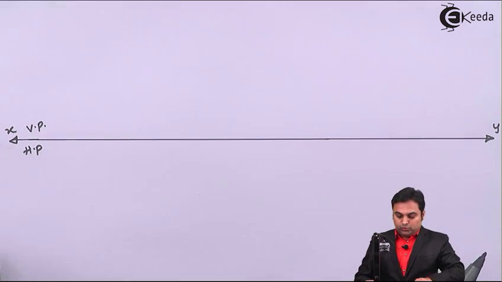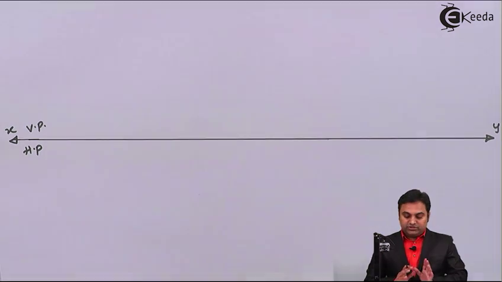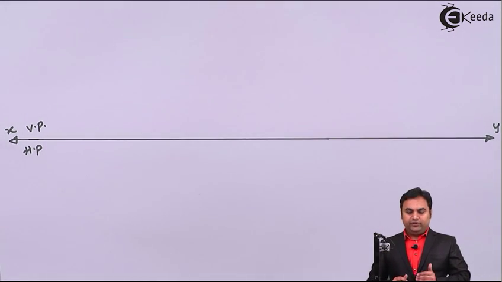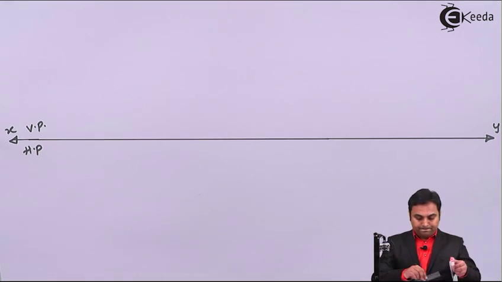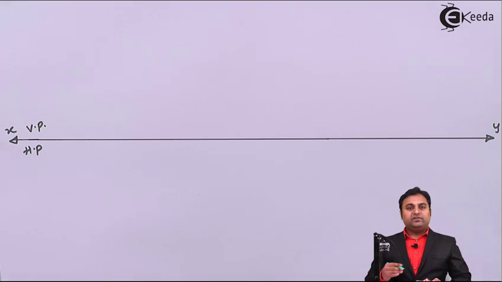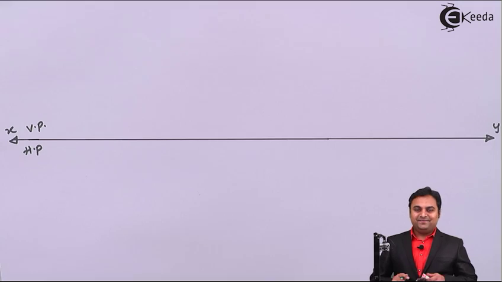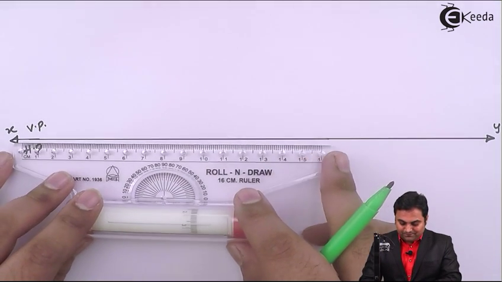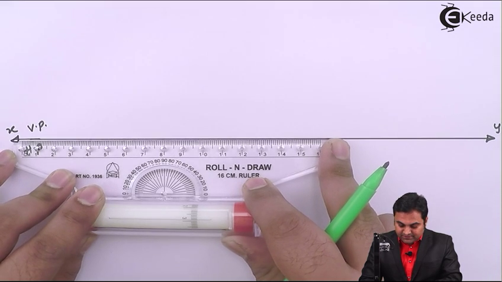Next, the square prism is resting in HP. I have explained the initial condition, which is it is inclined at 45 degrees. So I'll start with that. Whenever I'm using green color here, green indicates light line, or we can say the projection lines.